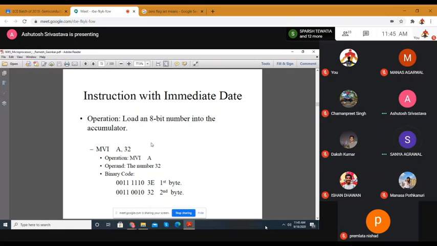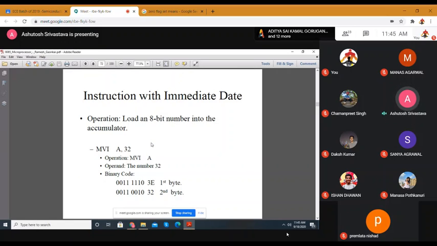When I say memory address, I mean the contents that are stored in a particular memory address, say 4000. If you want to move the contents stored in memory address 4000, you would not be using this instruction MVI.